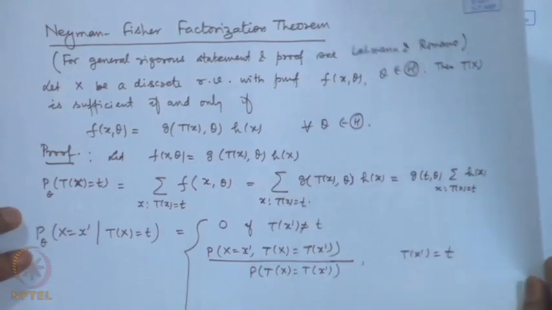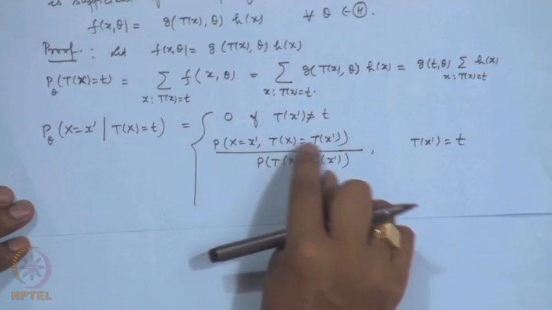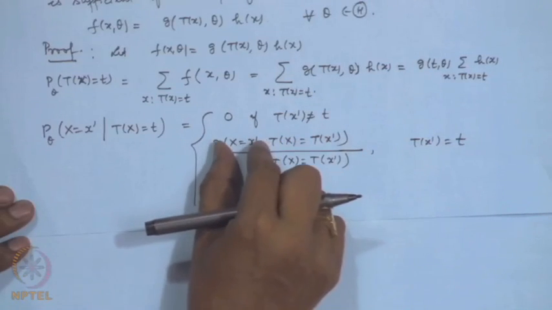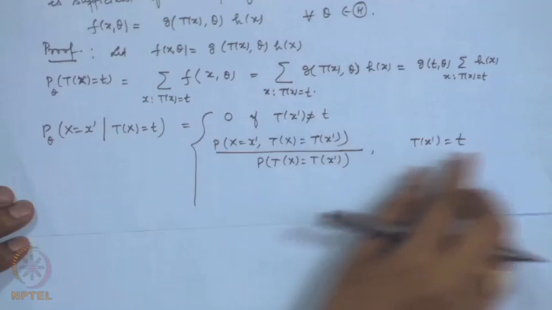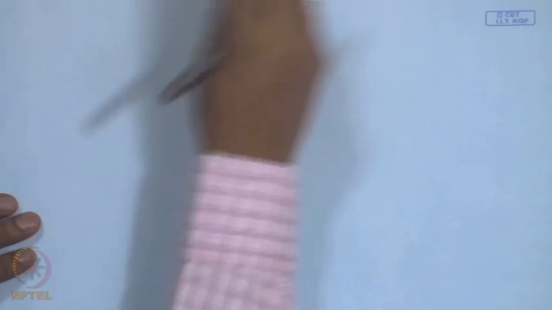So, if you consider this now, the probability of X equal to x prime, T(X) equal to T(x prime), it is the same as the probability X equal to x prime. So, this becomes equal to, let me consider only this portion, let me call this a star.